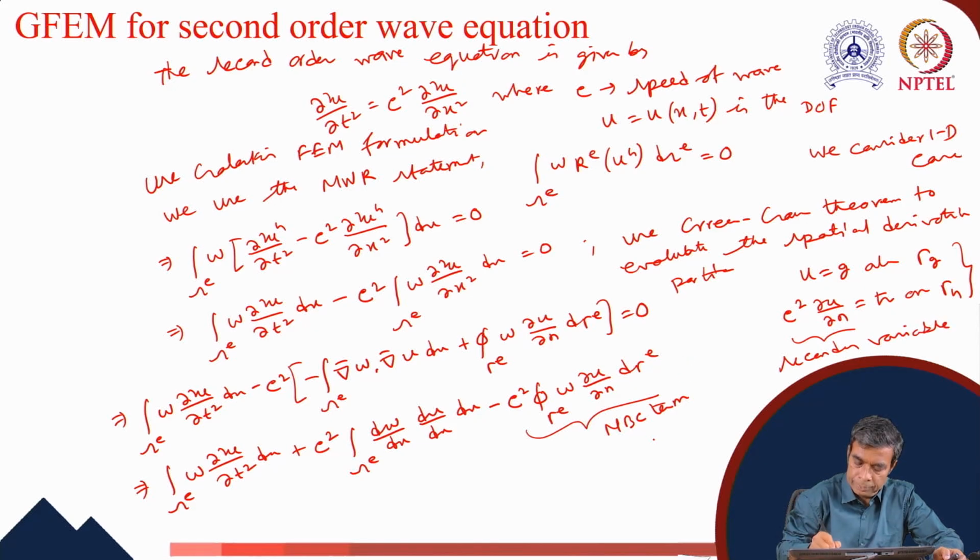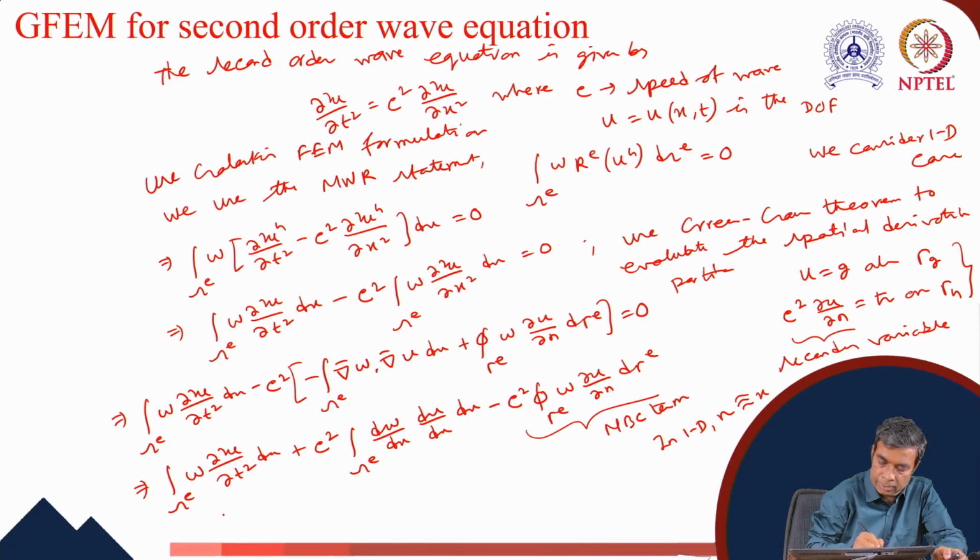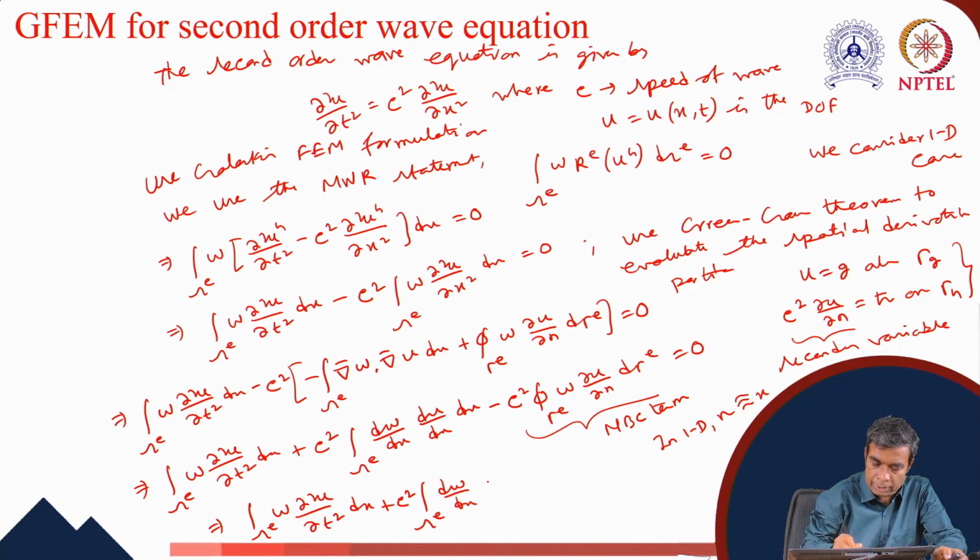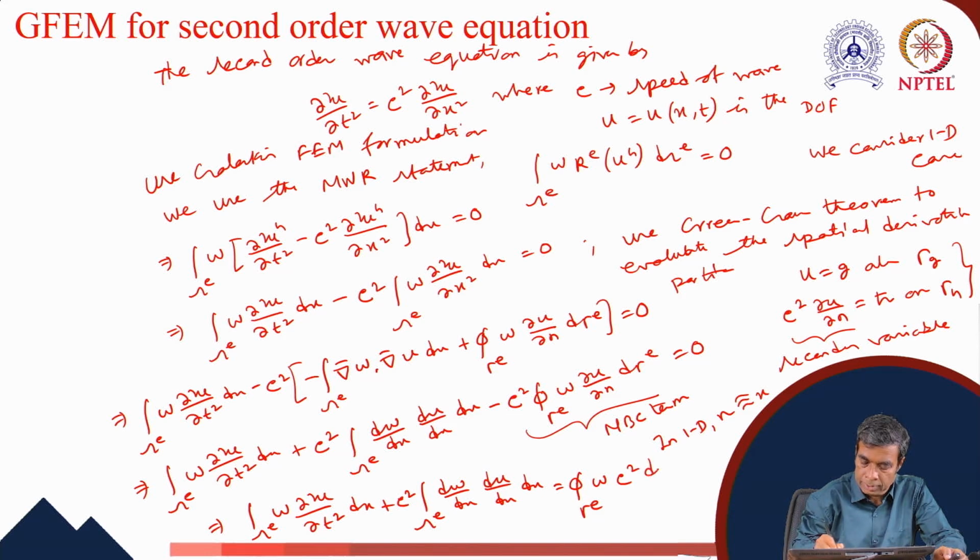In 1D, n is equivalent to x. So this gives us integration over Ωe of w ∂²u/∂t² dx plus c² integration over Ωe of dw/dx du/dx dx equals boundary integral over Γe of w c² du/dx dΓe.